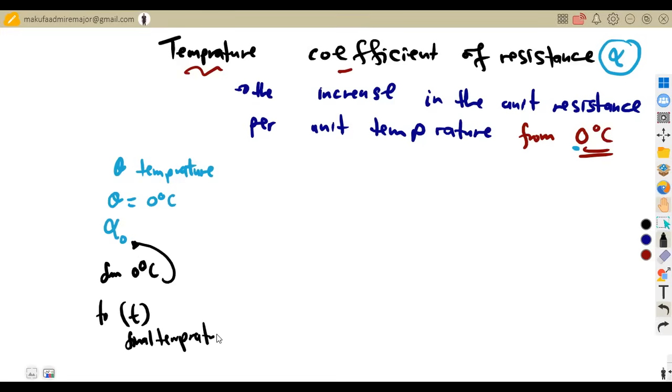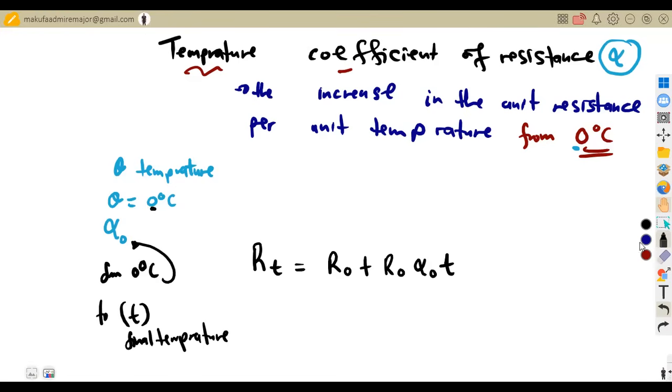It means we are going to obtain our total resistance RT as R naught, that is the resistance at 0 degrees Celsius, plus the resistance at 0 degrees Celsius times the temperature coefficient of resistance at 0 times the temperature that has increased to, that is our final temperature from 0.